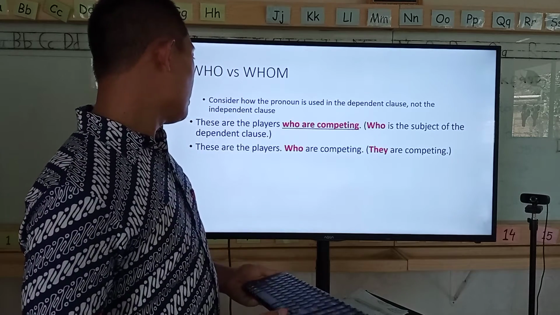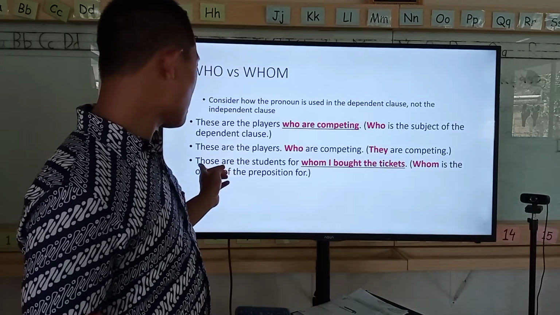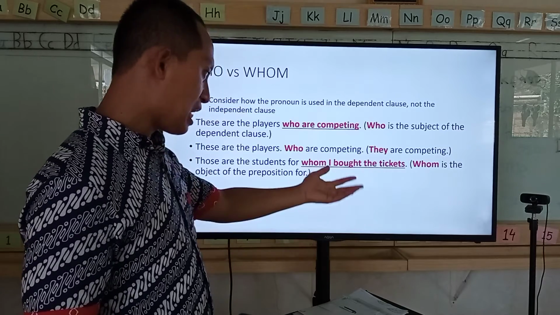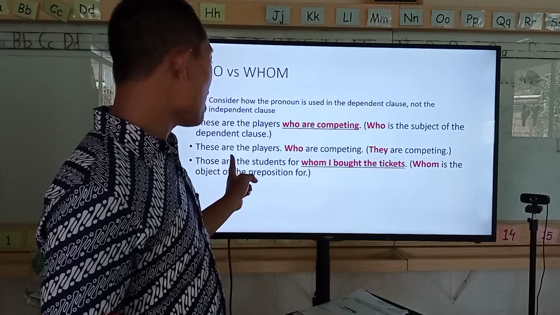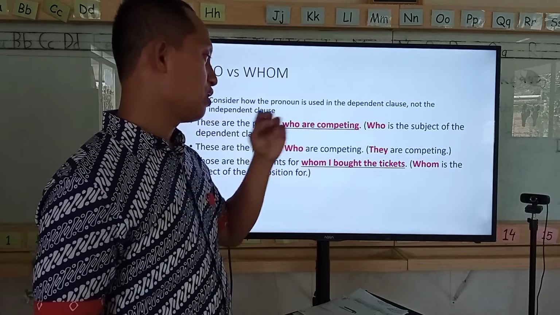Okay. All right. Now let's see the next example. Those are the students for whom I bought the ticket. Now let's break it down into two clauses. Those are the students, and I bought the ticket.